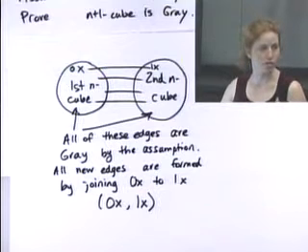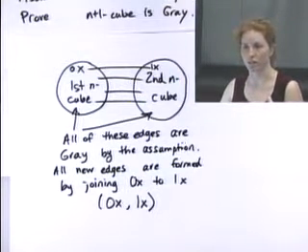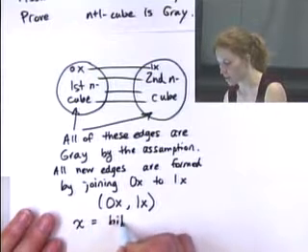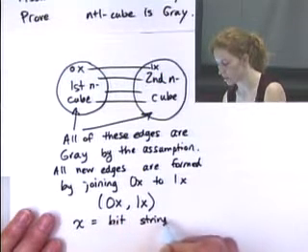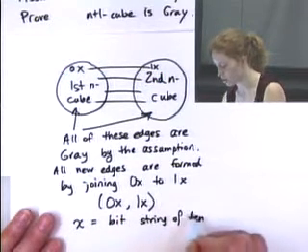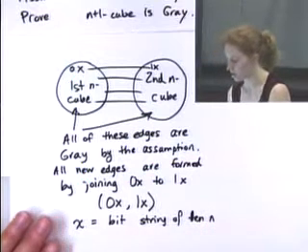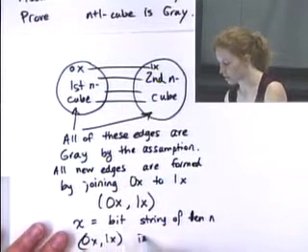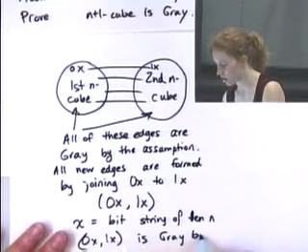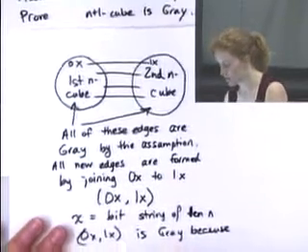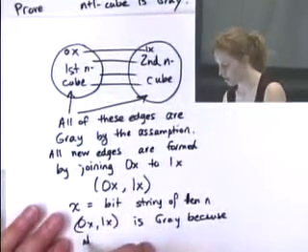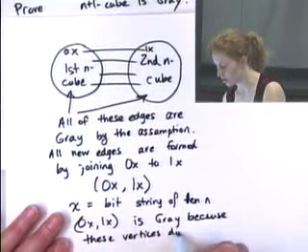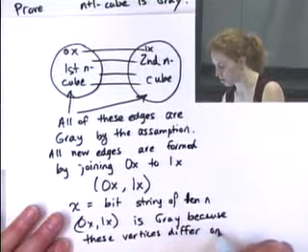And x is just all of the bit strings of length n. So x is a bit string of length n, and 0x, 1x is gray because these vertices differ only in the first position.